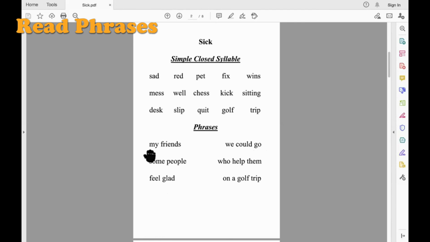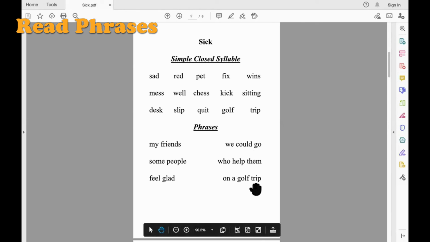There we go. Do you want to do it by yourself? What does that say? My friends, some people feel glad we could go, who help them on a golf trip. Good job.